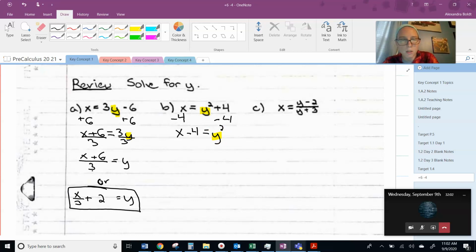Remember, the opposite of squaring something is taking the square root. So I take the square root of x minus 4, and the square root of y squared. When you take the square root of something, you get plus or minus that thing. And the square root of y squared is just y.